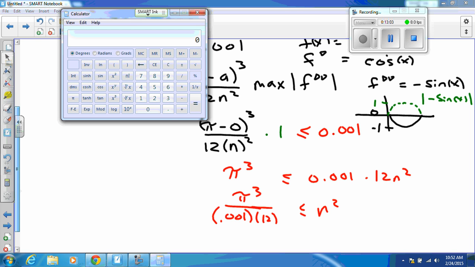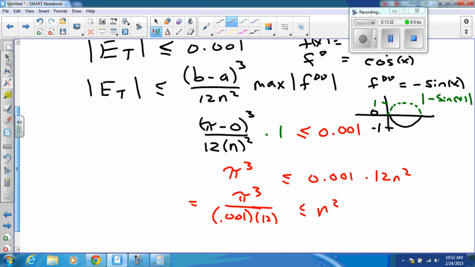Now, I don't know what that number is, but we can compute it pretty quickly as 3.141596 to the third power divided by 0.001 divided by 12 is 2583.9.